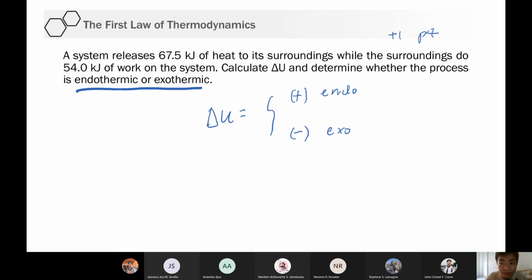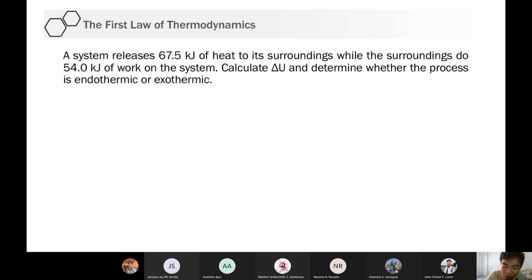Anyway, so tuloy na natin. So you will get points, and tama kayo. Madali lang for now. Q sabi releases, so that's negative 67.5. And the surroundings do work on the system, ibig sabihin, sila yung gumawa ng work sa system.